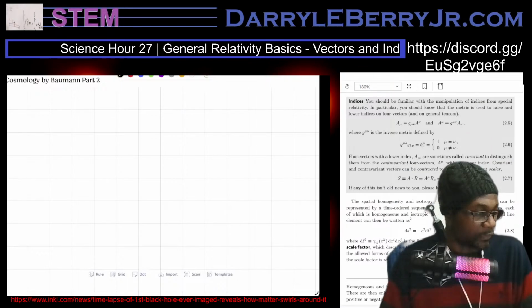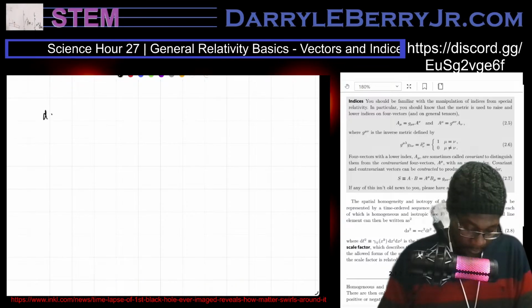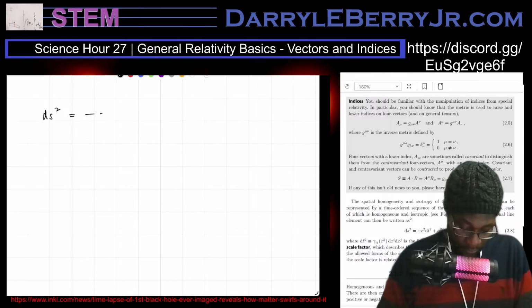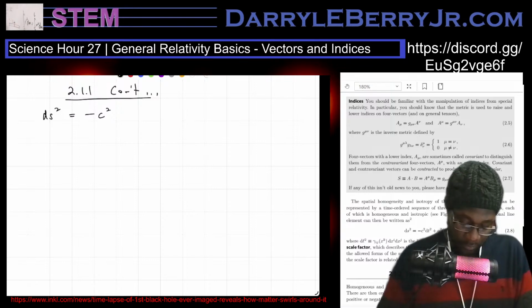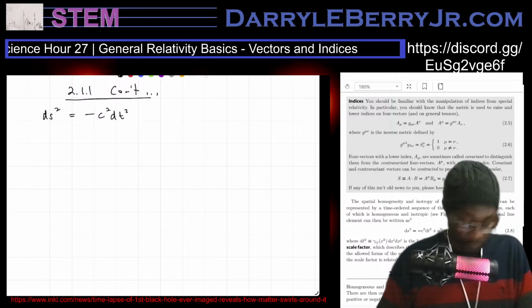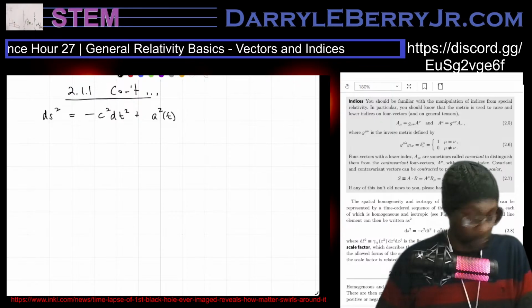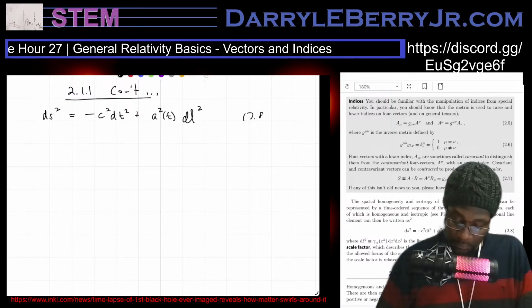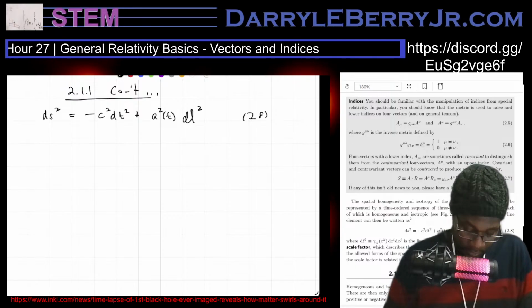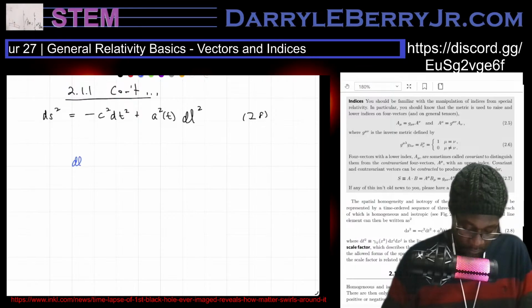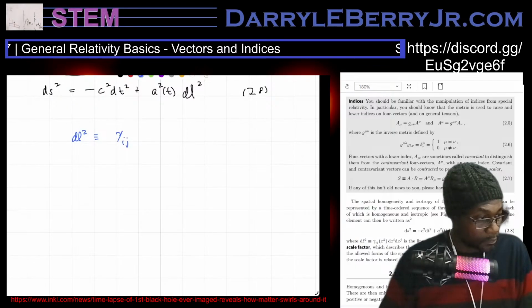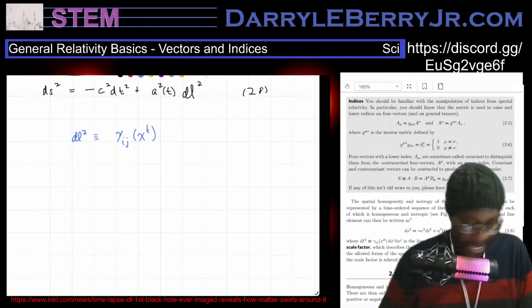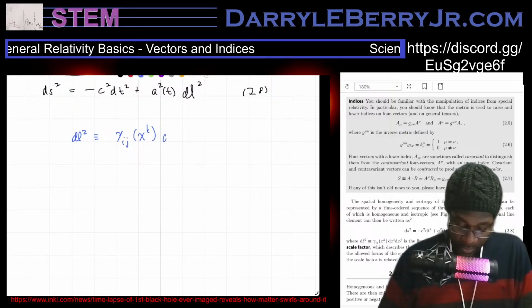The four-dimensional line element can thus be written as, says 2.1.1 continued, dl squared is gamma ij x to the xk dx i dx j.